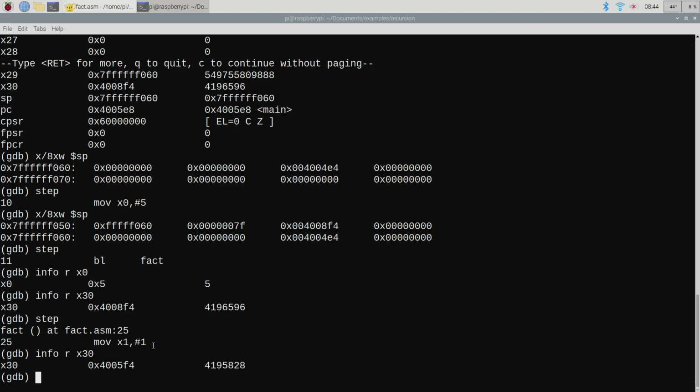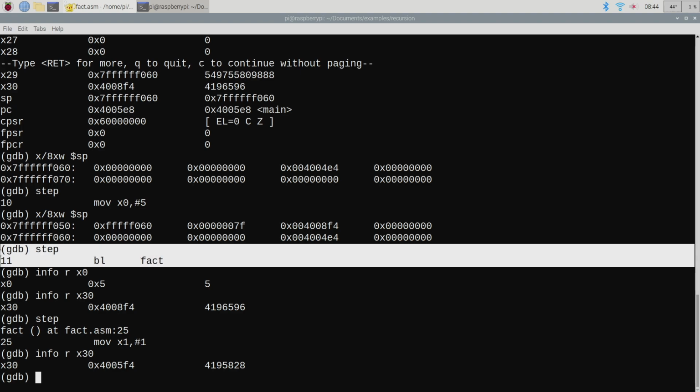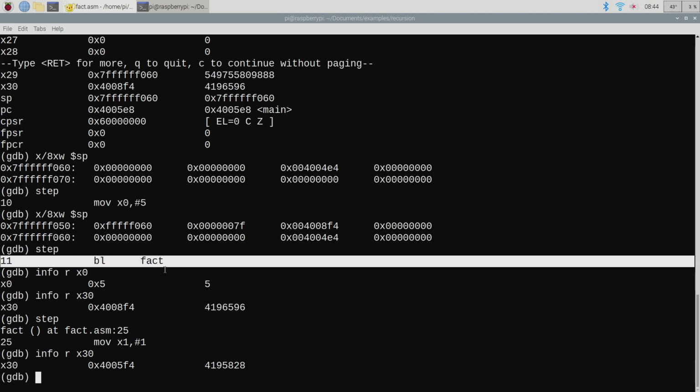Okay, what's the instruction where I am right here? This instruction is at line 11, which is memory address whatever, right? And 5F4 is the line immediately after line 11, so that we know where to go back to.